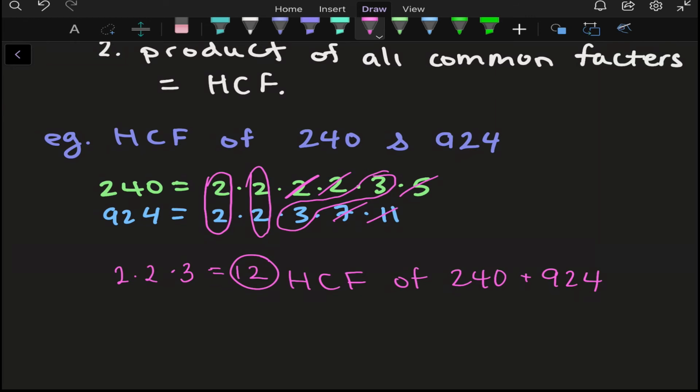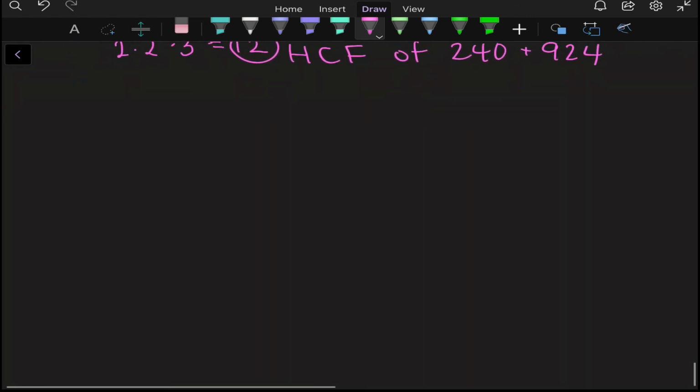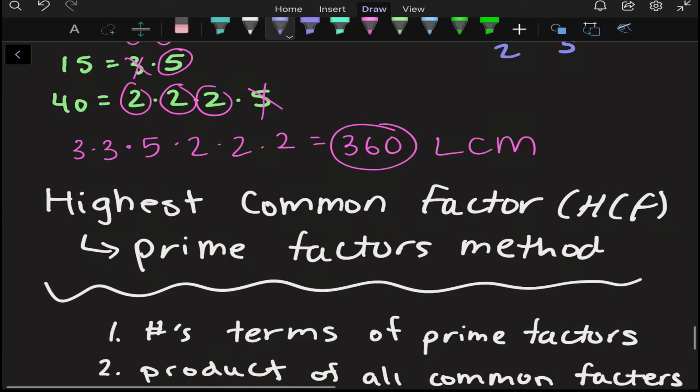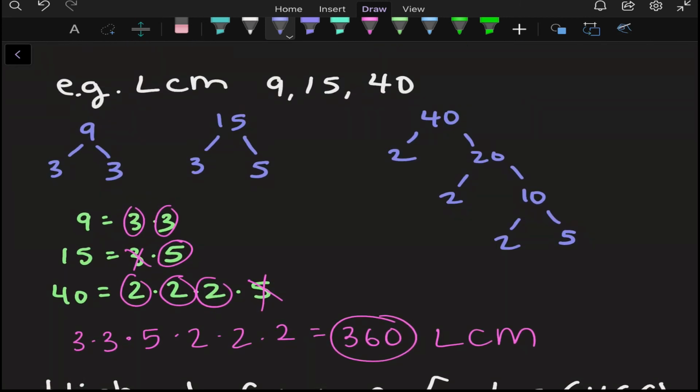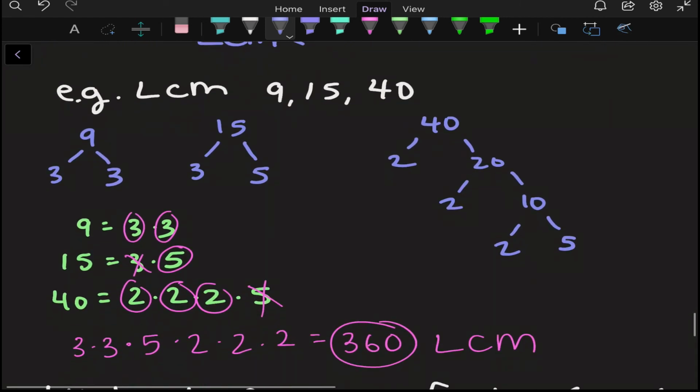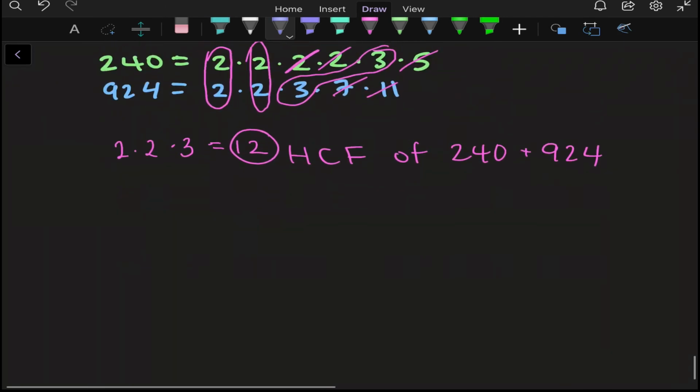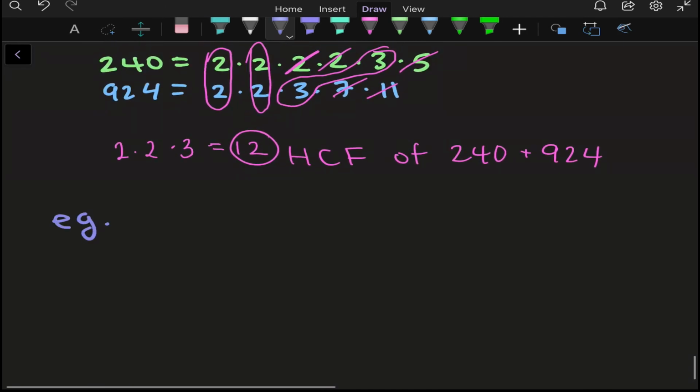So if we try to do one more, let's use some numbers from up here maybe. Let's use 40 and 15 because we know those two from above. Okay, so we want the HCF of 40 and 15.